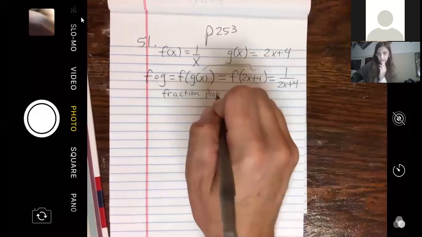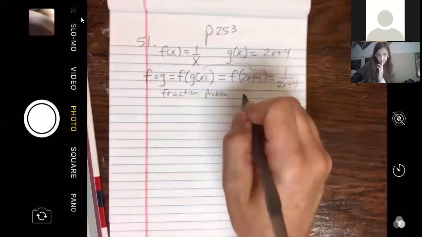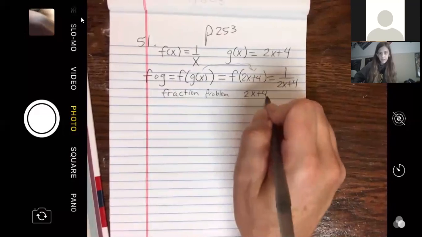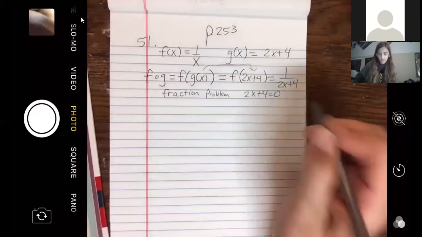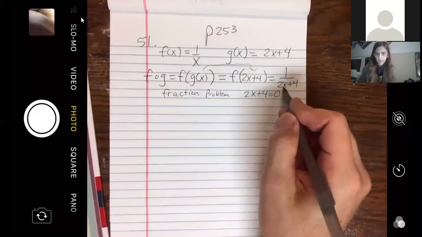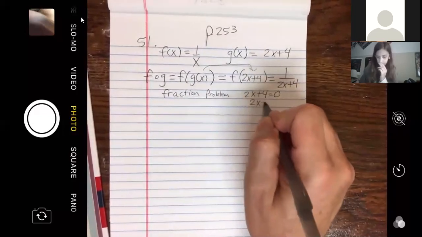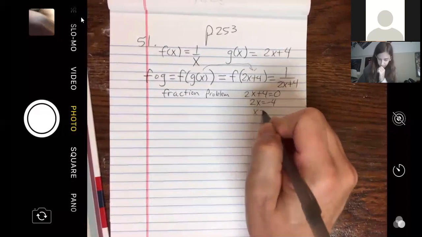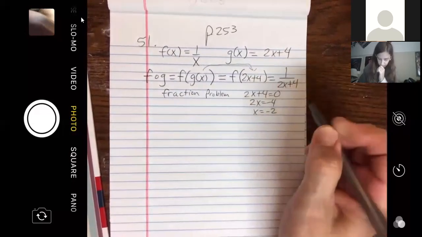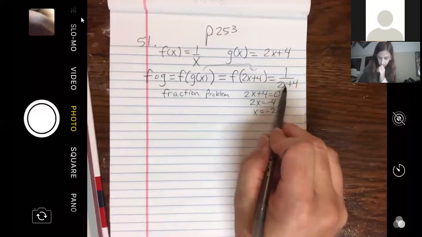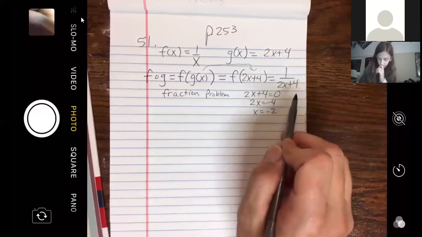I got to take 2x plus 4 equals 0. You might be able to do it in your head and figure out it's negative 2. But if you want to solve it, 2x will be negative 4, and your x would be negative 2. You can see it, 2 times negative 2 is negative 4, add 4, you'd get 0.